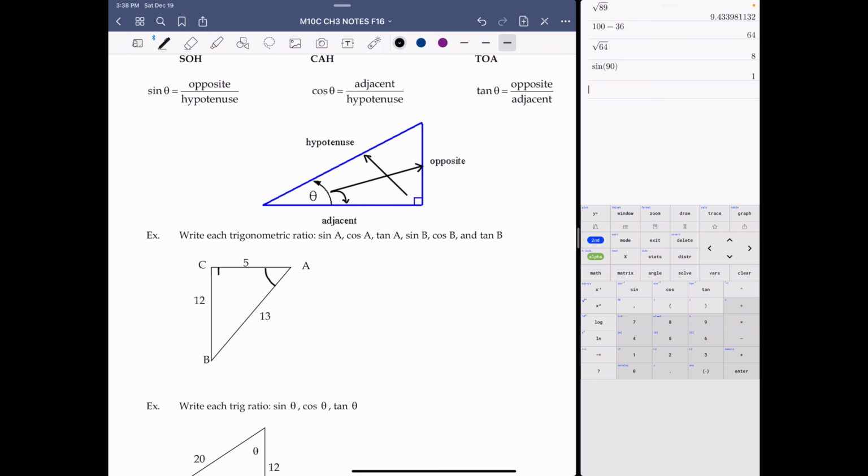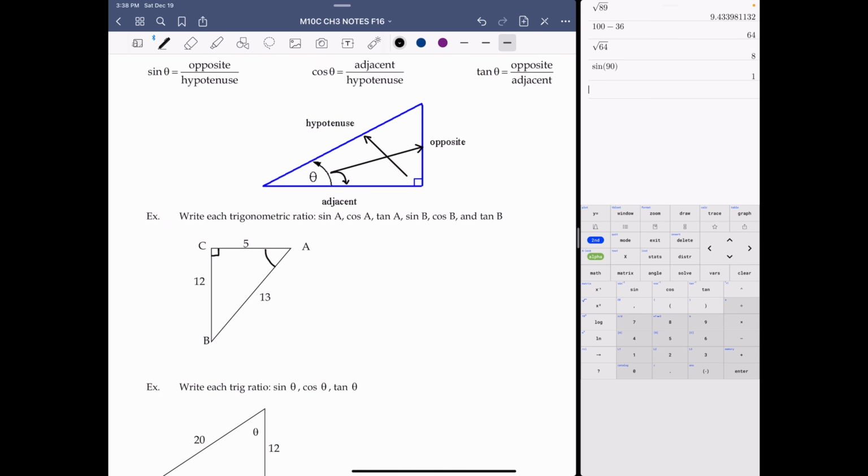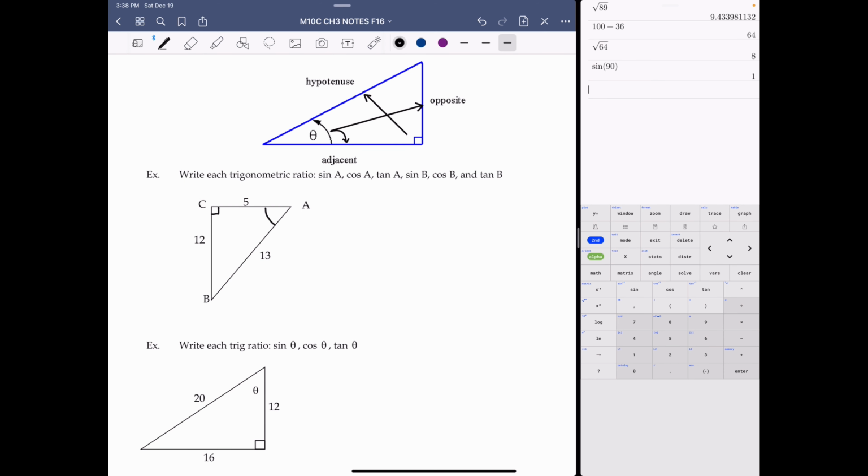This should really have a right angle there. That's supposed to be a right angle. So label our sides based on angle A. Our hypotenuse in a right triangle is not going to change. It's based on the right angle, which would be here. But our opposite and adjacent depend on which angle we're looking from.